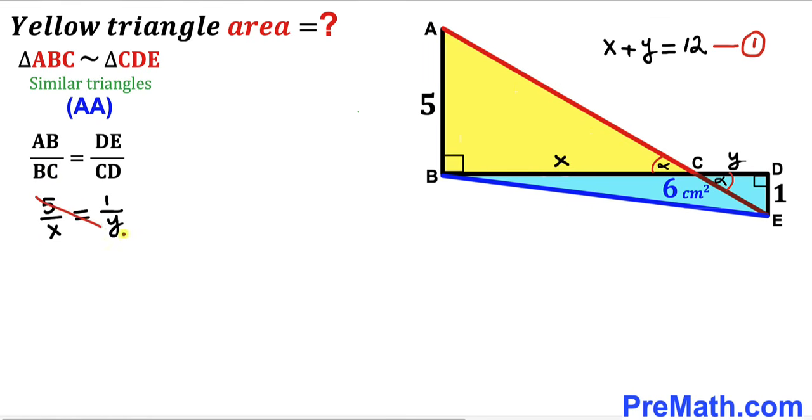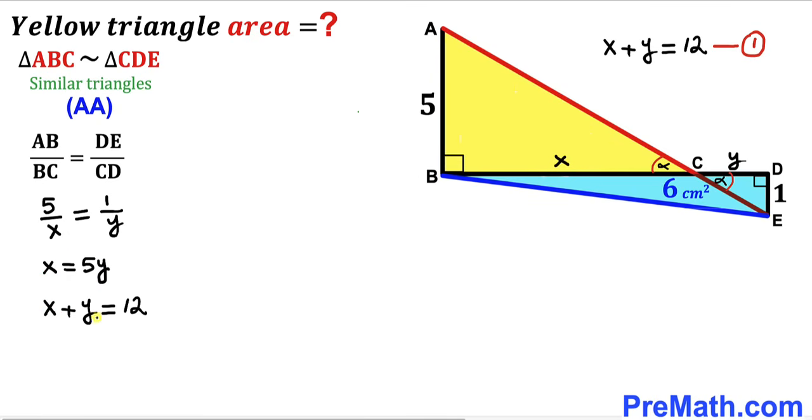Now we are going to cross multiply. 1 times x gives us x equals 5 times y. Now let's focus on equation 1: x plus y equals 12. We just figured out x equals 5y, so I'm going to substitute x as 5y.